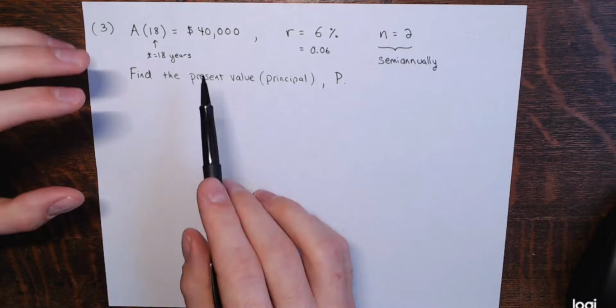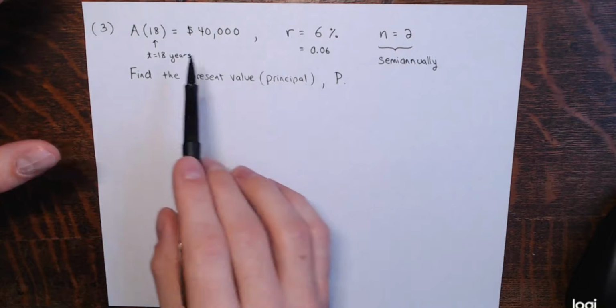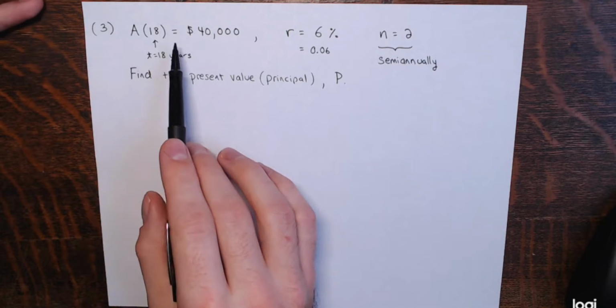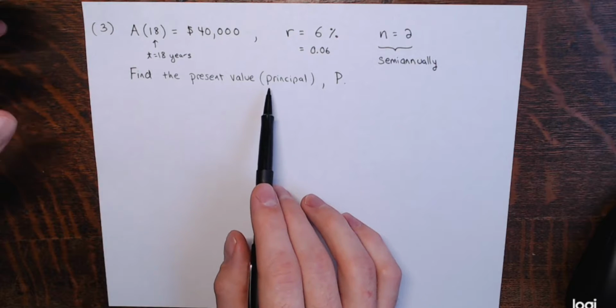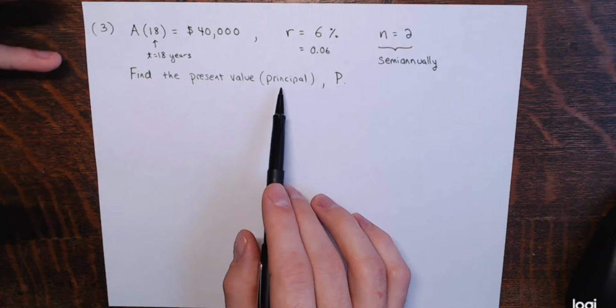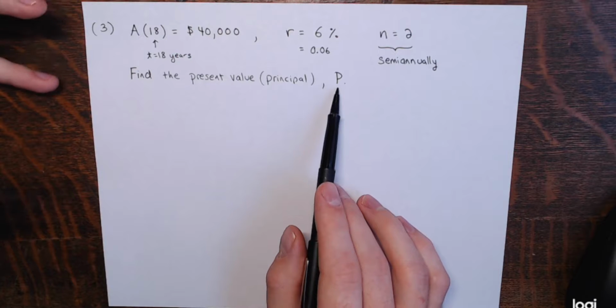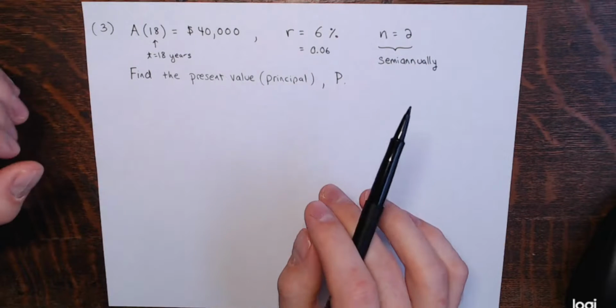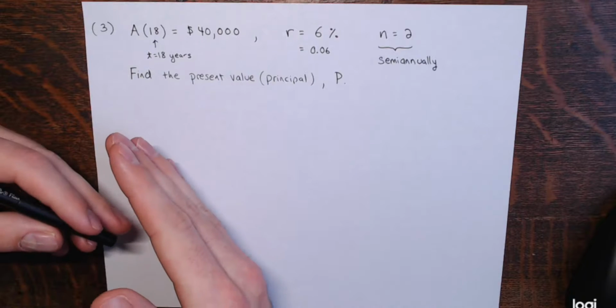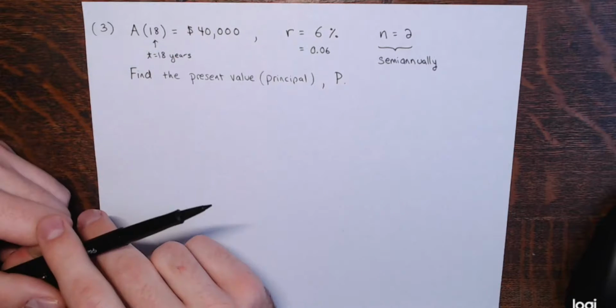Now this is a little different from the previous two because we're given the final amount after 18 years. We're asked to figure out what would the present value or the initial amount or the principal, what would the value of P have to be? What would I have to invest in this account in order that 18 years later it'll be worth $40,000?